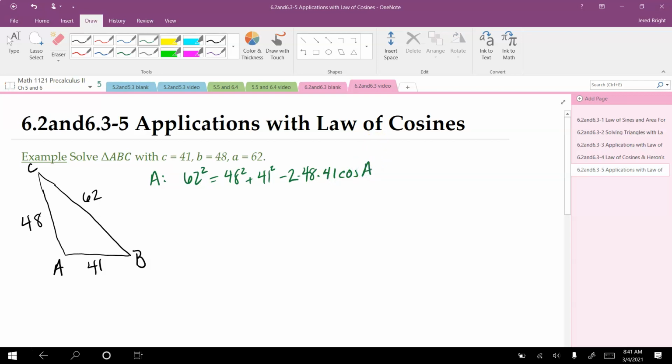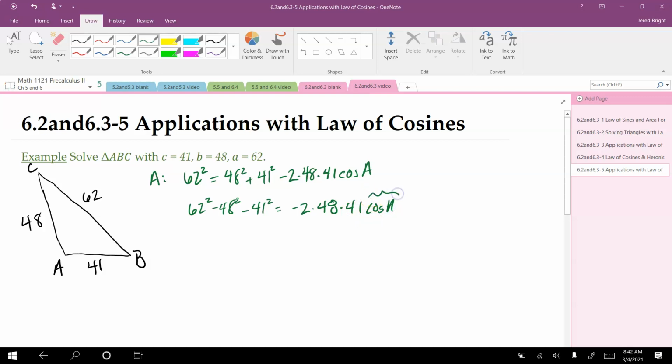Okay, and so now it's a matter of algebraic manipulation. I'm going to just show you the math and then jump to the answer. So move the 48 squared over, move the 41 squared over. Okay, minus 2, so then that's still equal to minus 2 times 48 times 41 cosine of A.